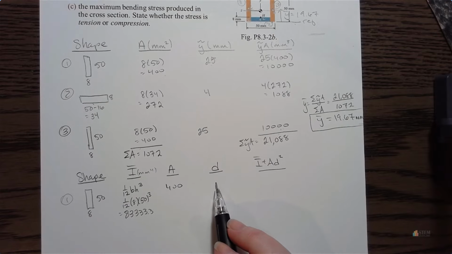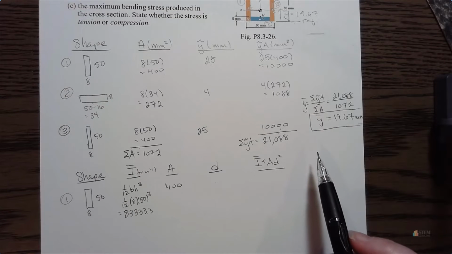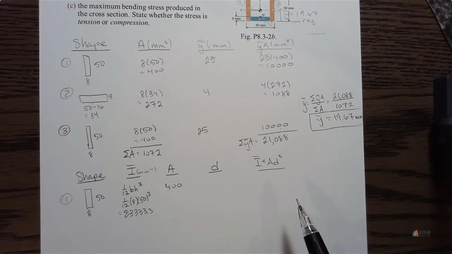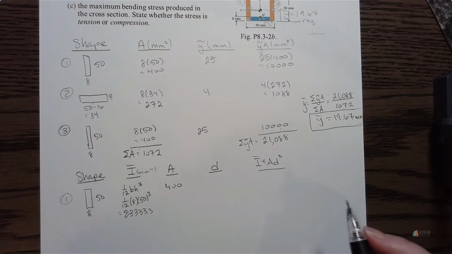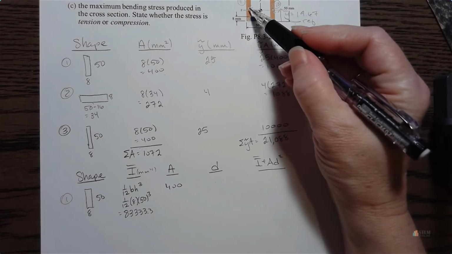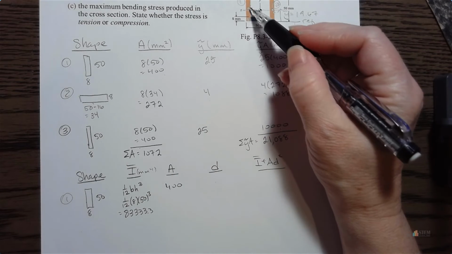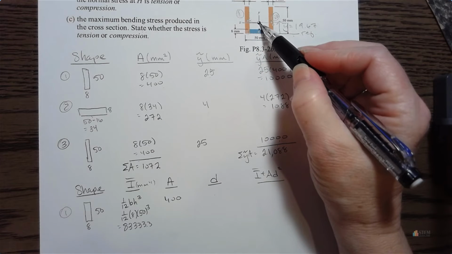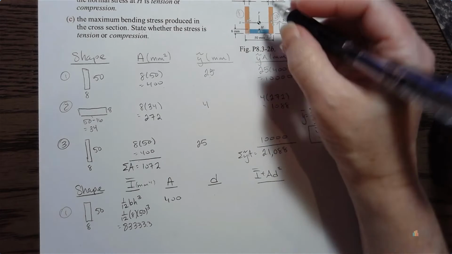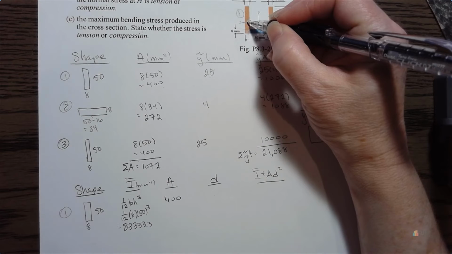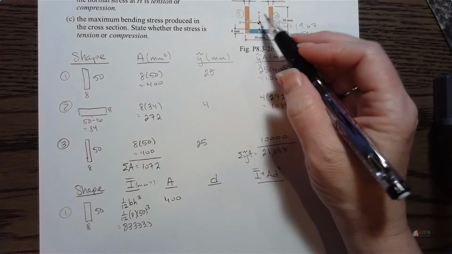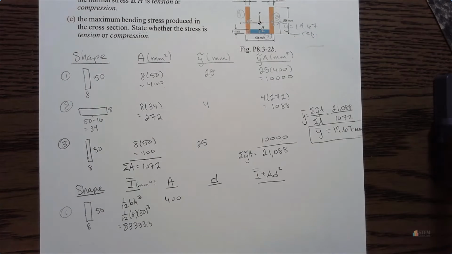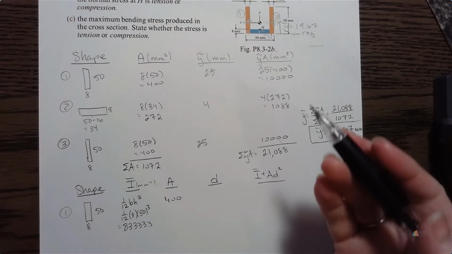And then D. All right, now that we've got the centroid, D is pretty easy to find. Okay, so D is basically the distance between the centroid of the region, right here, this little C, and the centroid for the whole body, which is right here. So it just wants that vertical distance there. It's hard for me to show you on here because of where I've written everything. But that's all it is.